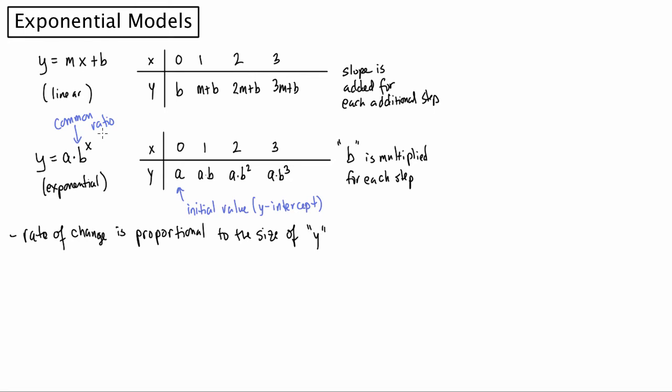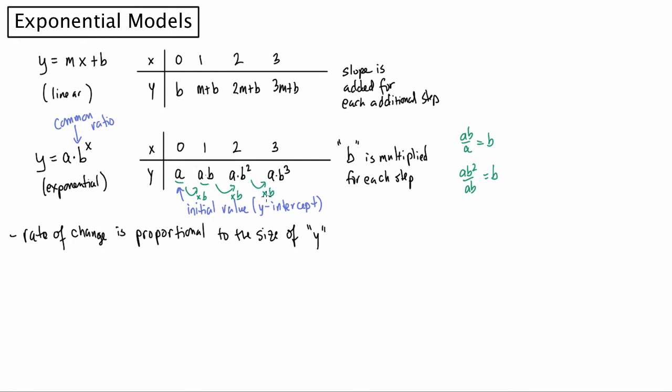And the reason that b is called the common ratio is because if you look at the ratio of any two terms, for example, if I look at ab divided by a, that's the ratio of the first two terms. That ratio is b. If I then look at ab squared versus ab, that's the previous term, that ratio is b. The point is, to get from one step to the next, you're always multiplying by b. So the common ratio here is b.